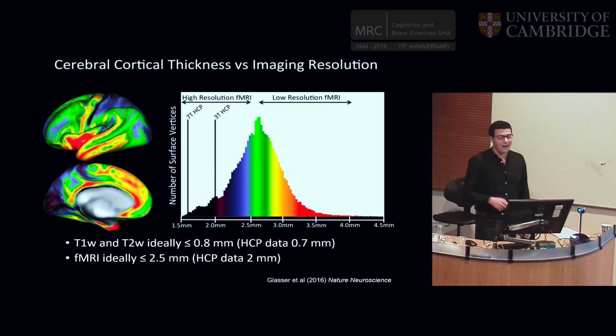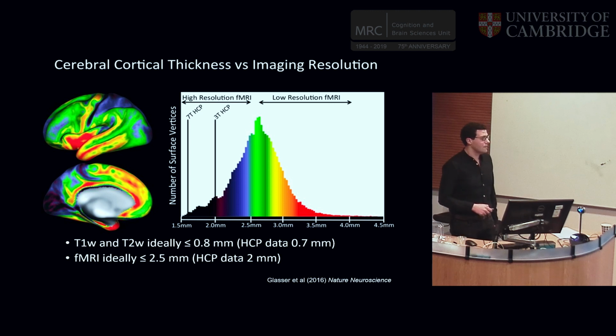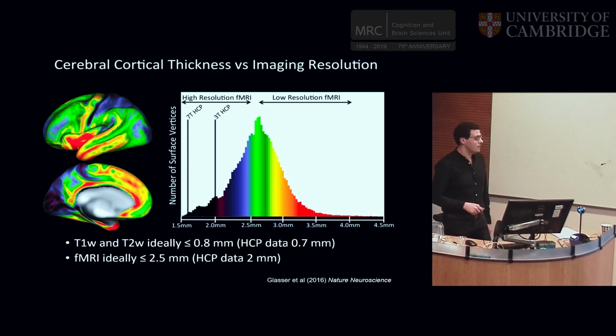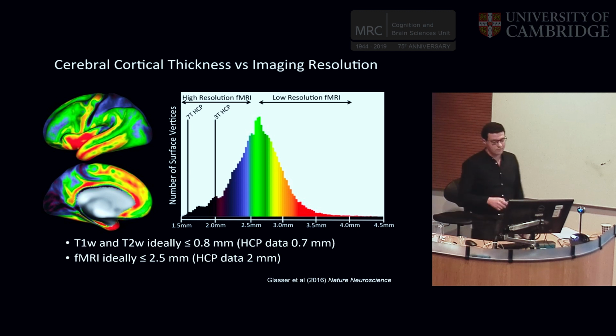So to ensure that you have at least 2 voxels representing the thinnest piece of the cortex, the ACP recommends acquiring structural data at half of this resolution, so with voxels that are 0.8mm or less. And to acquire functional MRI data with high resolution, it's recommended to acquire voxels which are smaller than half of the mean thickness of the cortex, so less than 2.5mm.